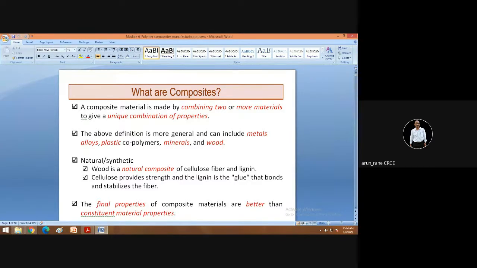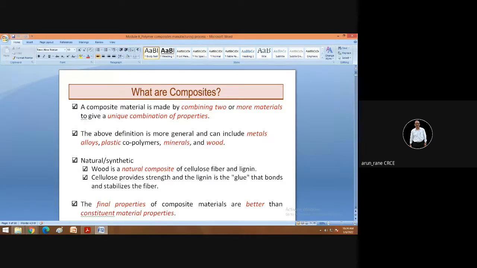So the weightage for composites will be maximum 5 marks, not more than 5 marks, so accordingly you have to study. Let me once again confirm the marks.